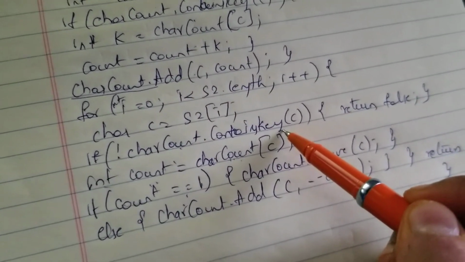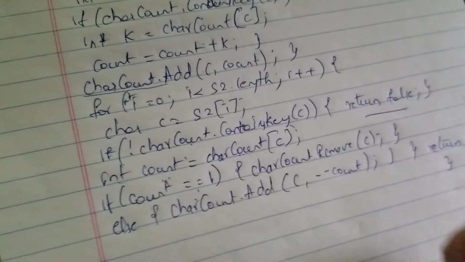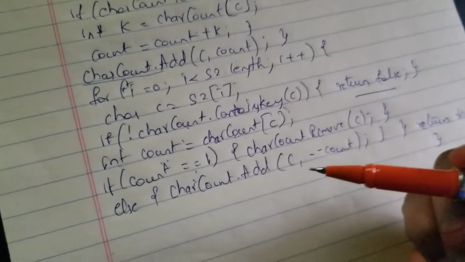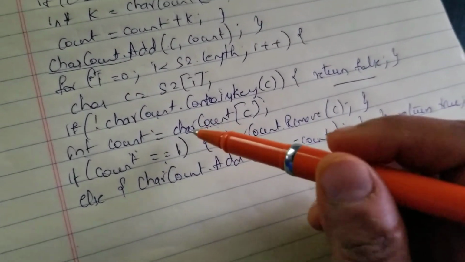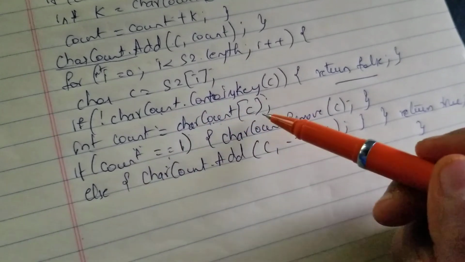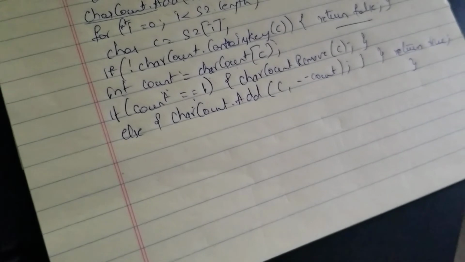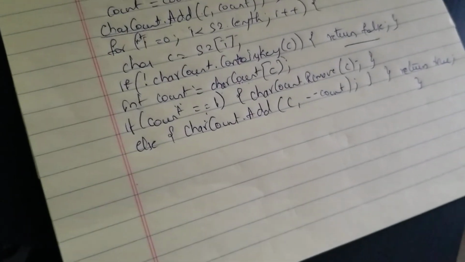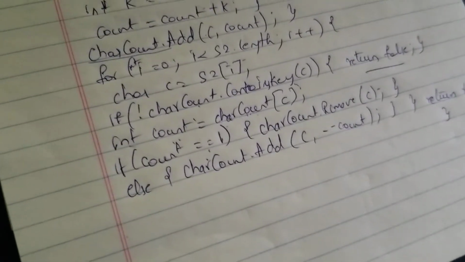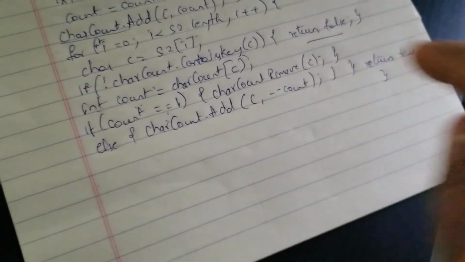If it does not contain it, we immediately return false, because there is a mismatch. If it contains it, we start removing, and at some point it will become 0, and that's when we return true. Else we decrement it and come out. So this is how I am solving this problem. Thank you.